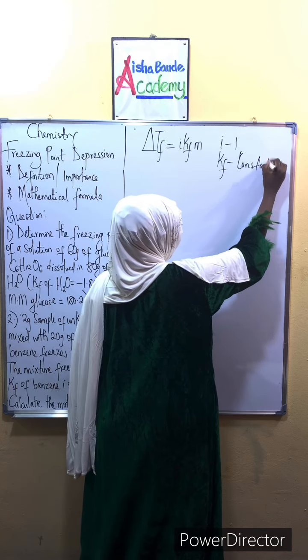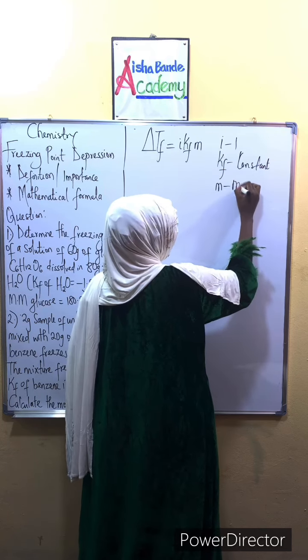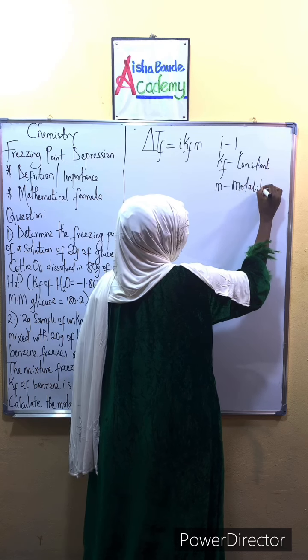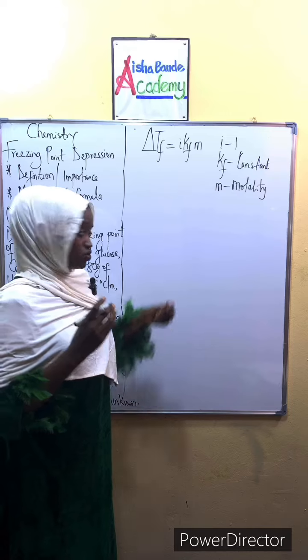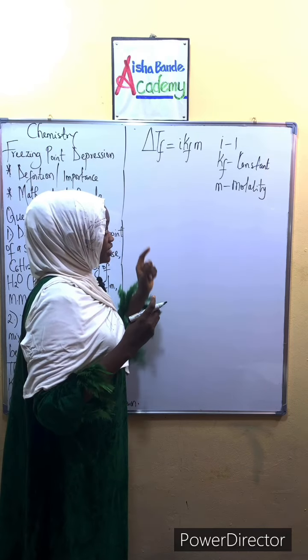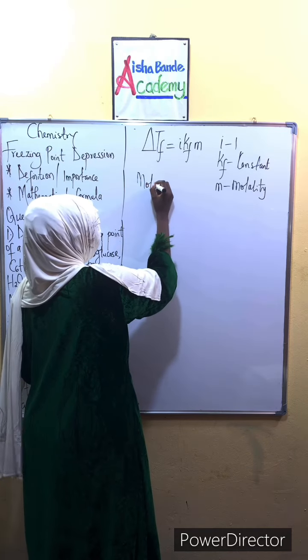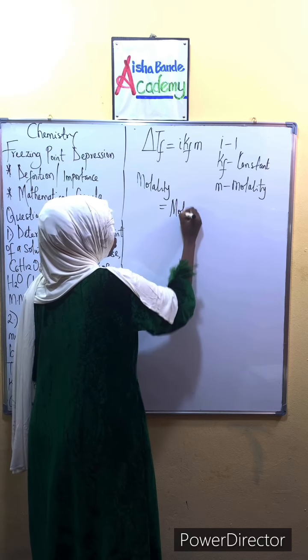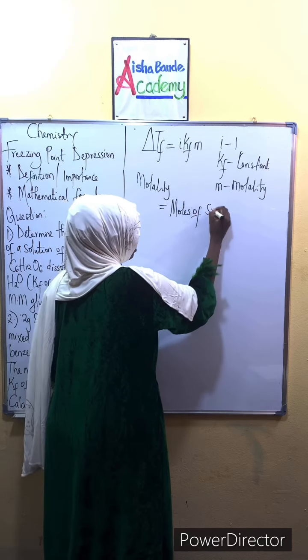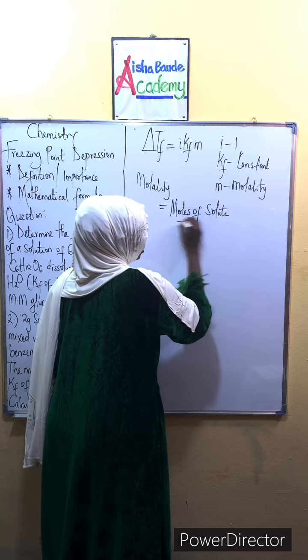Then we have m. m means molality. There are some other formulas we need to know under this. The formula for molality is equal to moles of solute divided by mass of solvent.